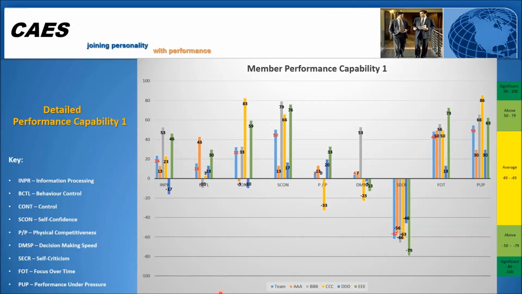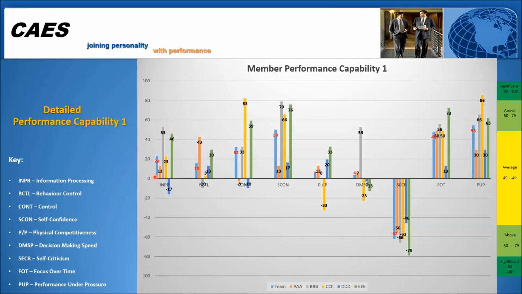So we get a different picture when we look at the same information in a different way. Now on this chart, you can see that we have now split into the 5 team members, member A, B, C, D, and E, and we now can show their individual scores on each of these categories.